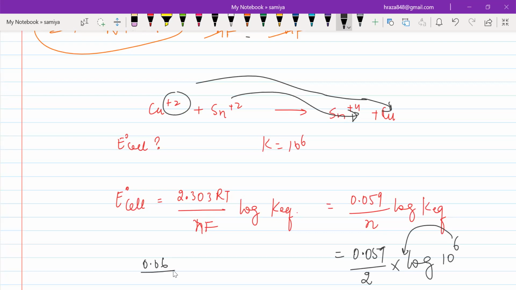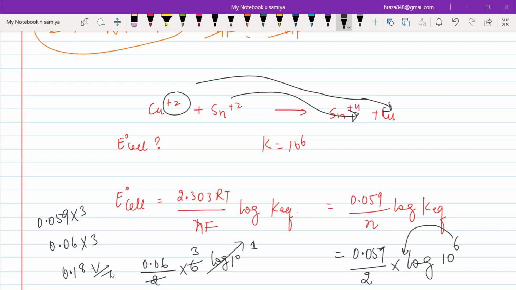Just suppose 0.06, I just round it off, and it will be 6 log 10, and log 10 has a value of 1. So you can multiply it by 0.059 into 3 or 0.06 into 3, you will get 0.18 approximately. Got it? Please write it.